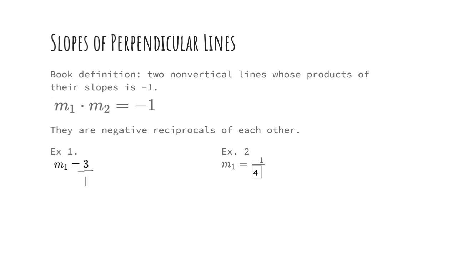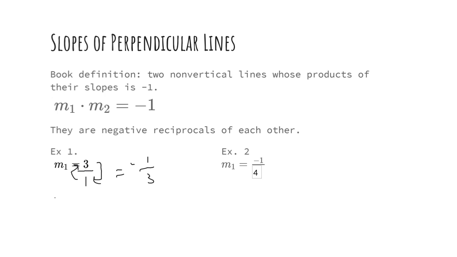A reciprocal is flipping the numerator and denominator, so making this the reciprocal would turn it into 1/3. Just remember, if it's a whole number, there's secretly a 1 underneath it. That's how you turn it into a fraction. Then making this 1/3 the negative reciprocal means just putting a negative sign there. So the slope of the line perpendicular to 3 is -1/3.